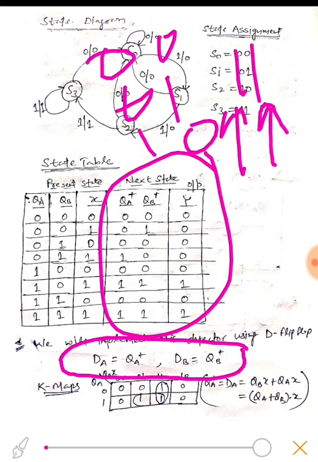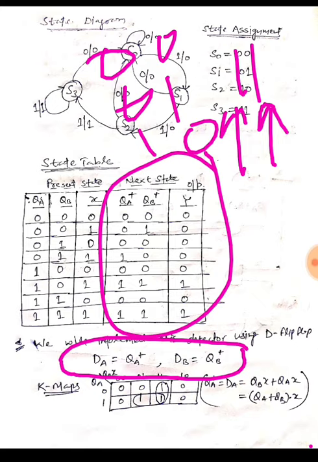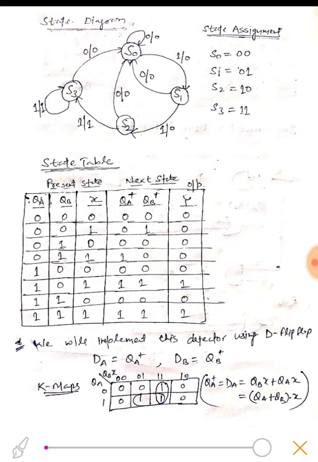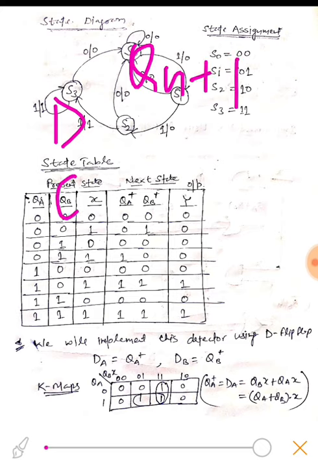So we are using D flip-flops, and we all know that in D flip-flops the next state, that is Qn plus 1, would be 0 if the input is 0, and if it is 1, then it would be 1.